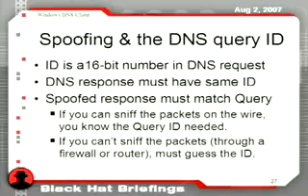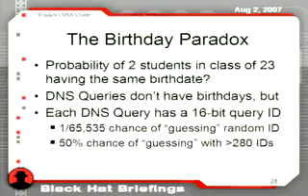So one of the first issues they had was how do you spoof this and guess the transaction number? Well, if you remember in high school or classes, people would say the probability of two students having the same birthday in a class of 23 is over 50%. This is because it's like 20 people times 20 people across the possibilities. It's a lot more common than you'd think.